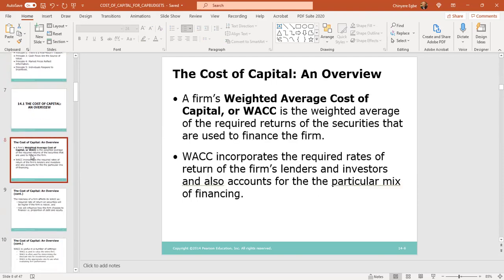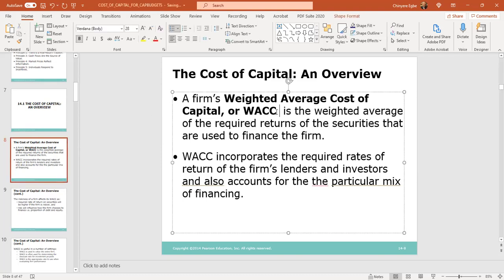All right. Now, what we use is what we call a weighted average cost of capital, or WACC. Okay, a weighted average cost of capital. So this is a weighted average. So the cost of capital depends on the contribution or the proportion of each component of capital.